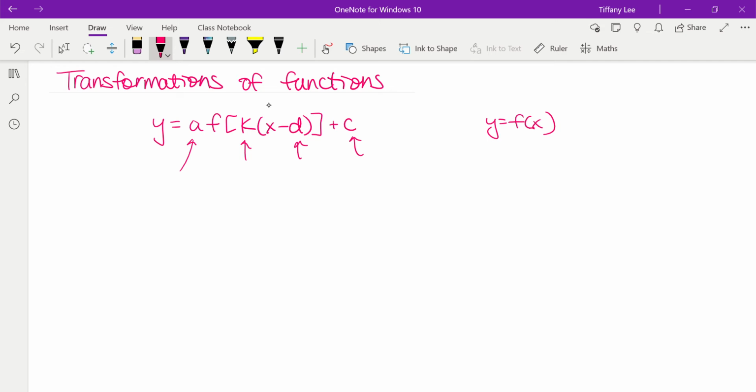With a, when a is greater than 1, that is a vertical stretch.